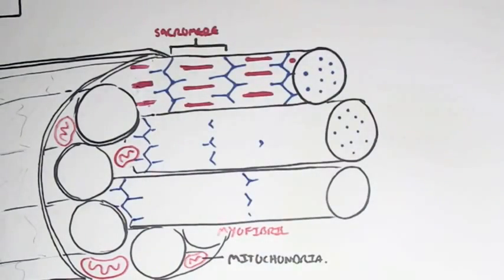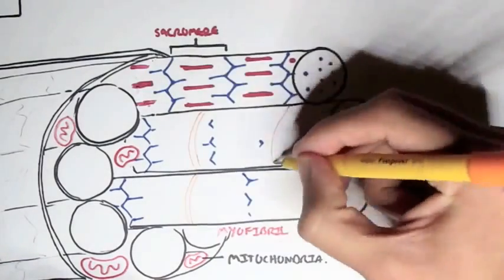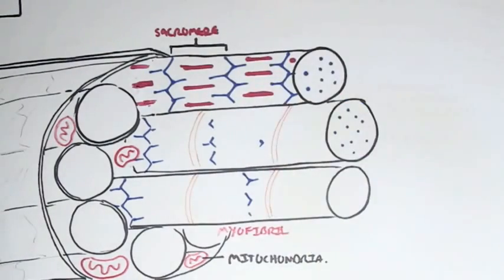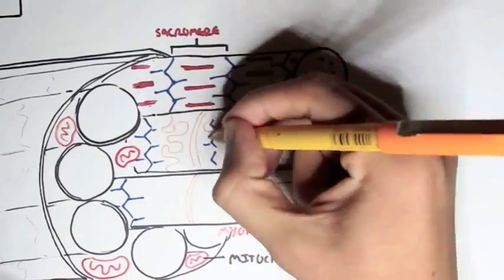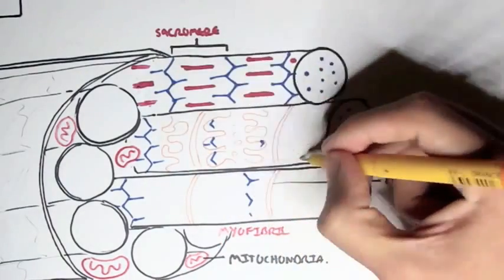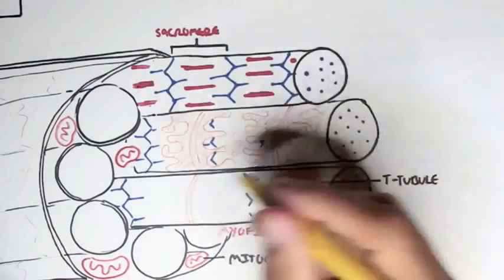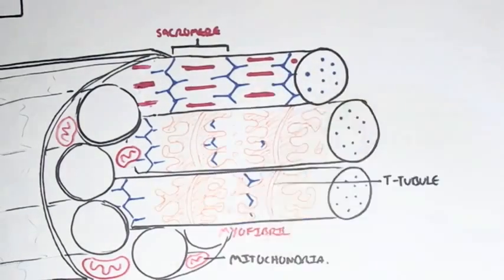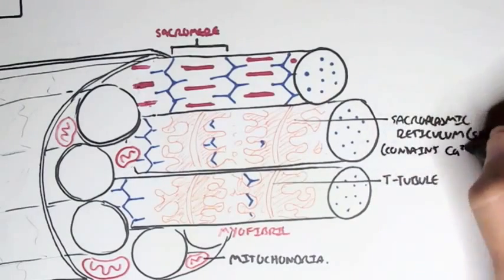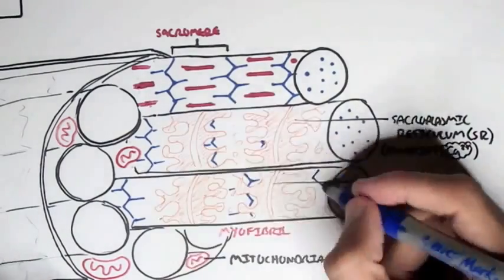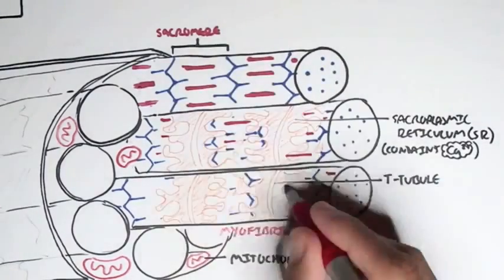However, in each myofibril, we also have what's called the T-tubule, which runs around the myofibril. And surrounding the T-tubule, we have what's called the sarcoplasmic reticulum, abbreviated SR. And the sarcoplasmic reticulum contains calcium ions.